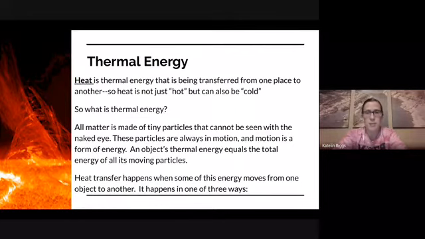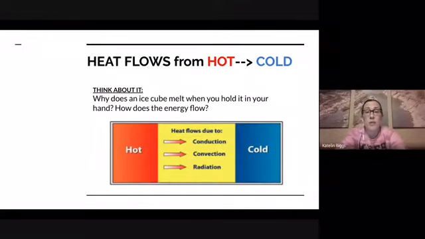Heat transfer happens when some of its energy moves from one object to another, and it happens in one of 3 ways. So heat always, always, always flows from hot to cold. So for example, if you are lucky enough to have central air in your house, which I just moved last year and I finally do, which is awesome.